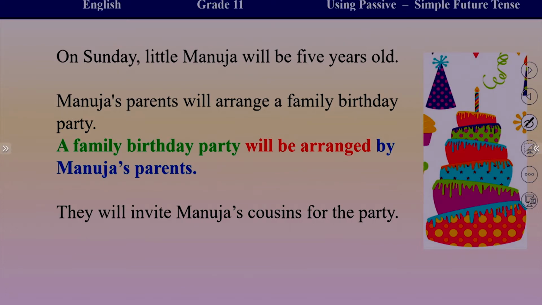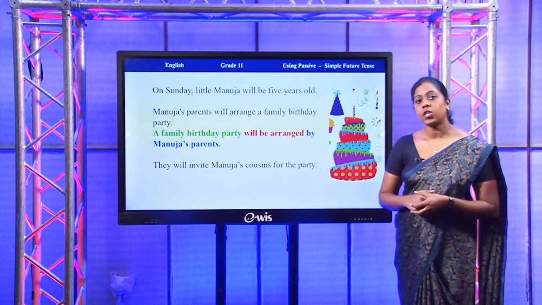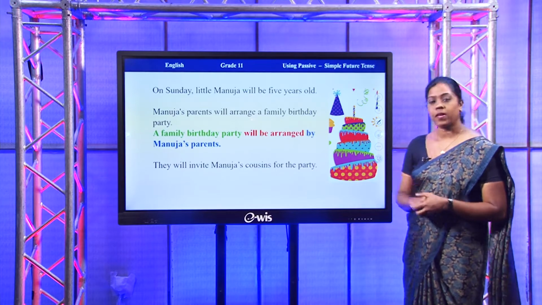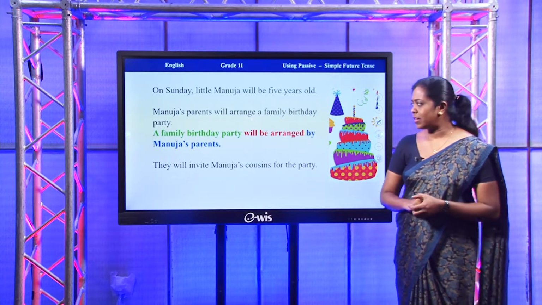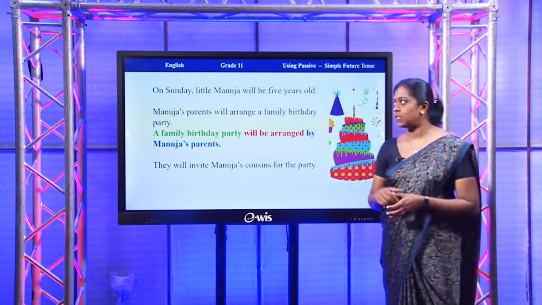Will arrange has been changed into will be arranged, and I have taken Manuja's parents, which was the subject of my active sentence, into the object position along with by. Right, now quickly let's take a look at the rest of the answers.